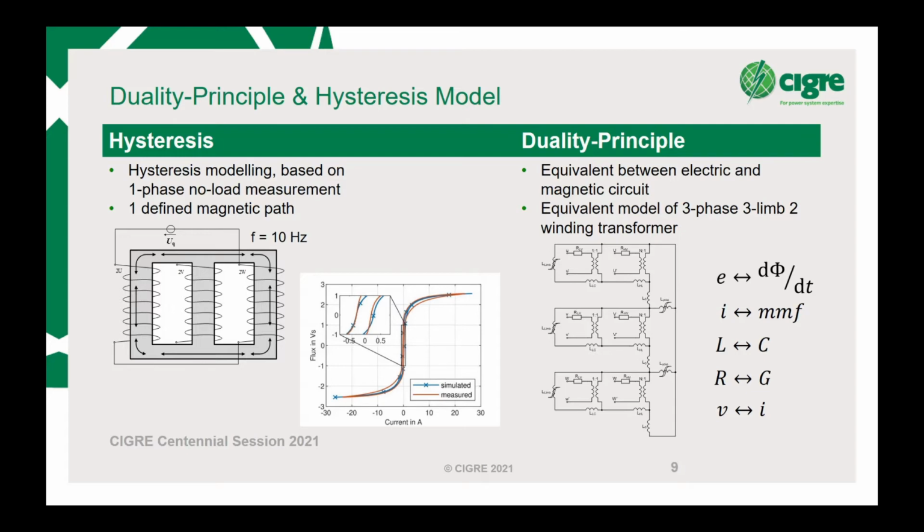Otherwise, if we just measure 1 phase, we would have an inter-phase coupling or magnetic coupling, which would give us different hysteresis curves for the different phases. And we compared this low-frequency hysteresis measurement with the standard 50 Hertz measurement, and they fit each other quite well.